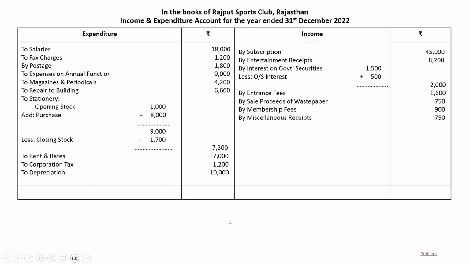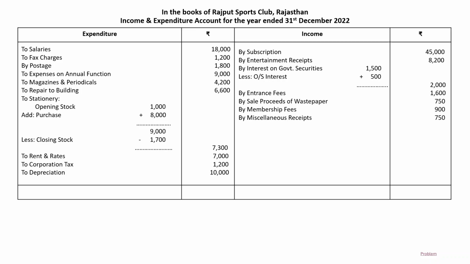Okay, now we have to close down this account. So the account is closed with the surplus or with the deficit. If your income is more than expenditure, at that time on the expenditure side you will get the surplus. Vice versa, if your expenditure is more than income, at that time on the income side, means credit side, you will get the deficit there. So at the end of this account, what we have to do?